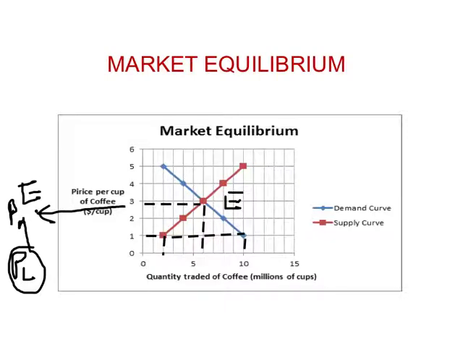Now look at the following. At a price of $1 per cup, there are more buyers than what is available. And if prices can change easily, what is going to happen is the seller is going to increase the price of coffee, and as the price of coffee increases, what happens to quantity supplied of coffee? It increases as well.